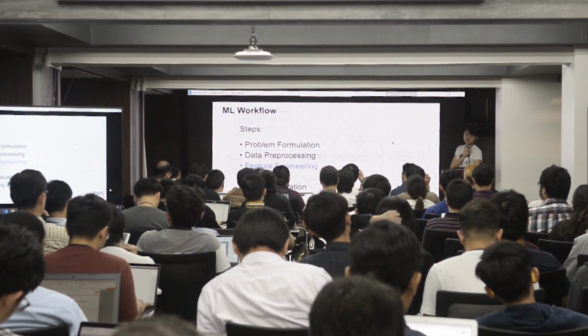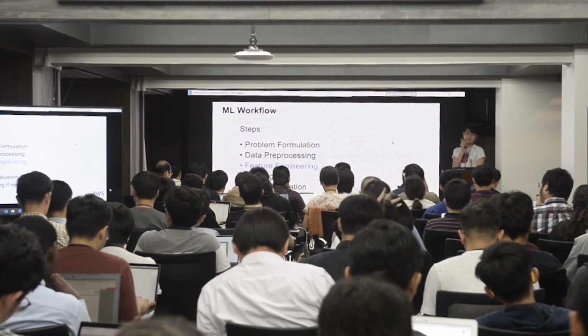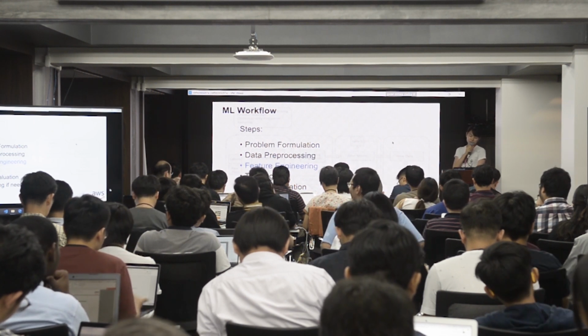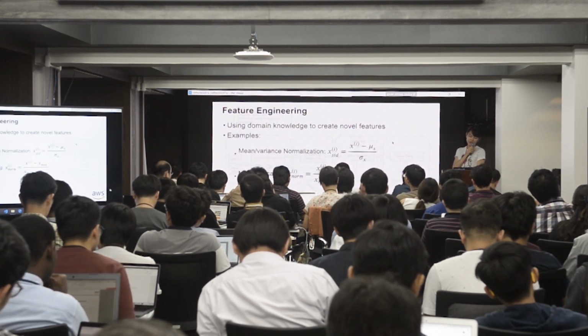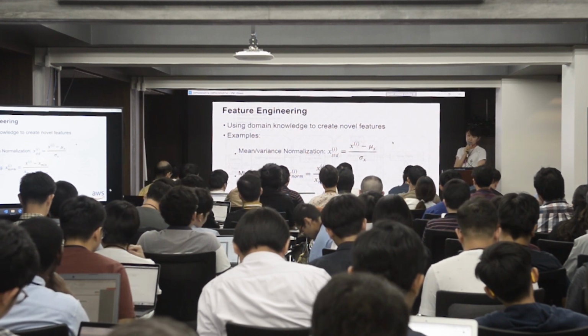After this, we can go to feature engineering. After you think your dataset is legit and you're ready to go, you can do some feature engineering here. You can use your existing domain knowledge.